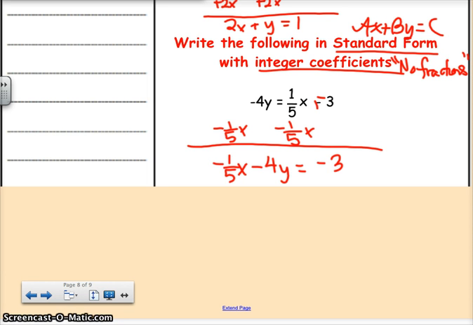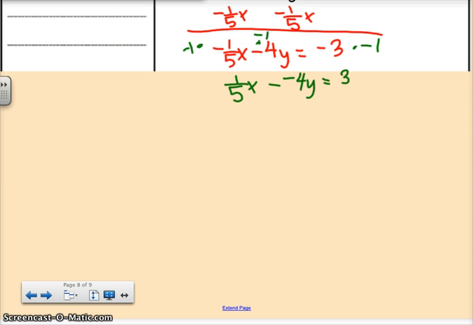Times through by, sure, let's times through by negative 1, because we need to start out positive. Negative and negative turn to positive, so 1/5 x minus a negative 4y equals positive 3. When you minus a negative, you're just adding. Okay, I'm almost there.